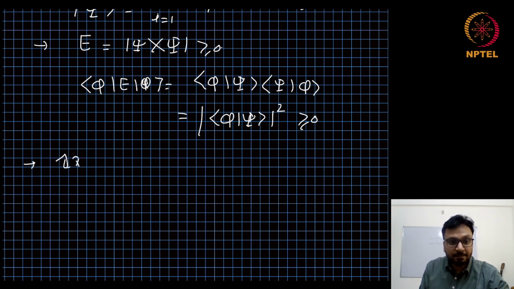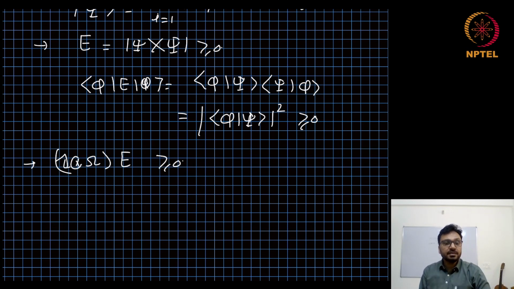Now we come back to our completely positive map. If we apply omega on one side of E, and it is a positive operator, then from there we can say something about the representation of omega, that is the operator sum representation, sum over i of K_i rho K_i dagger. So we have to prove that omega acting on E is positive, but how that will result in the K_i's, that also we have to answer eventually.